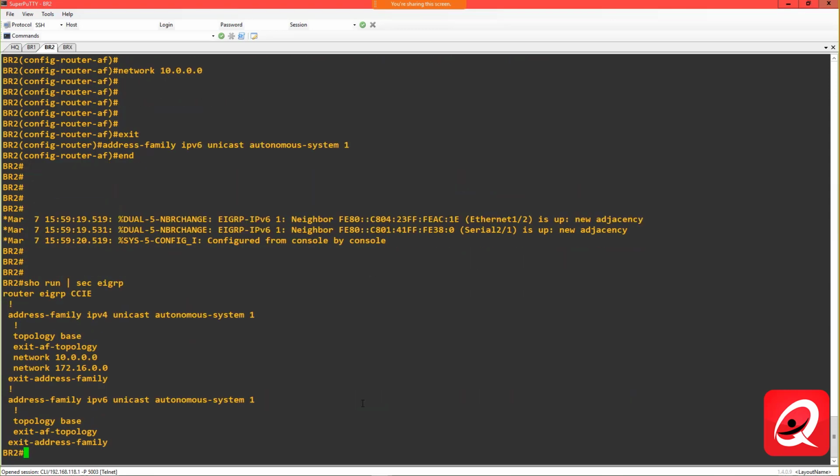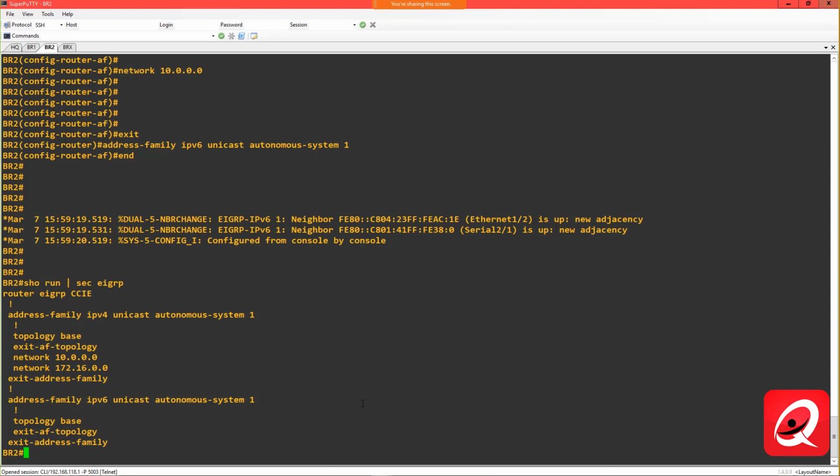Now, the reason I'm doing this is because I want to show you guys, I don't know, again, what they're going to expect you to know for the written or the lab, but I want to show you guys what it is, how the commands are similar, what they look like in both platforms. And we're going to be looking at summaries in IPv6 and summaries in IPv4.